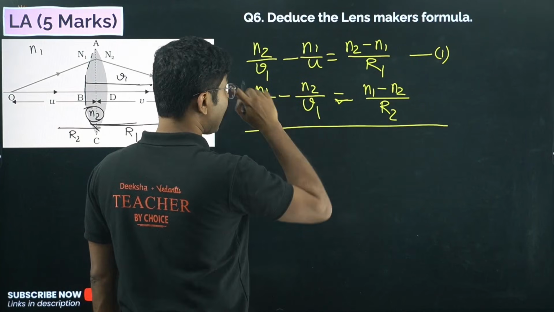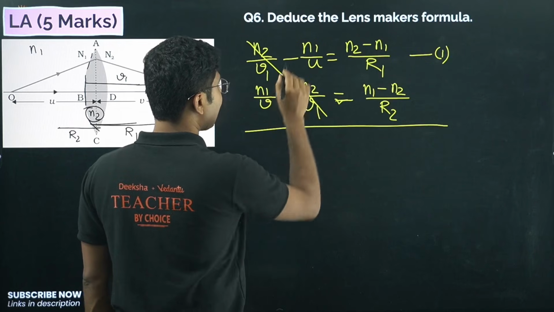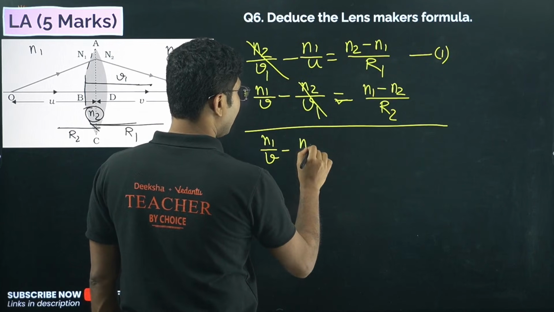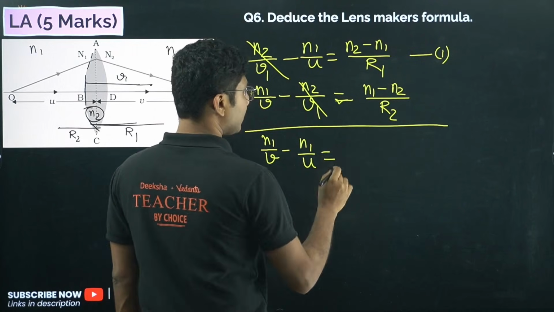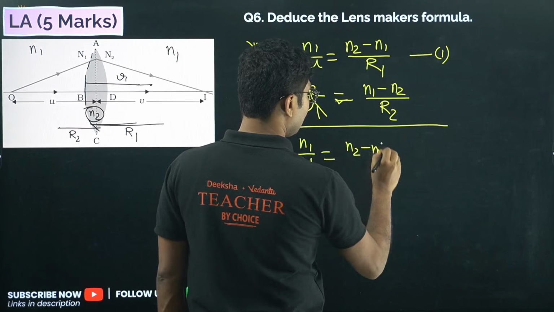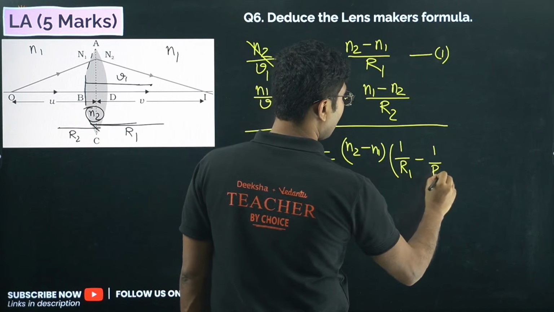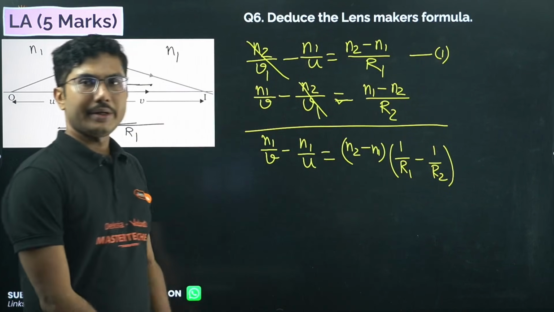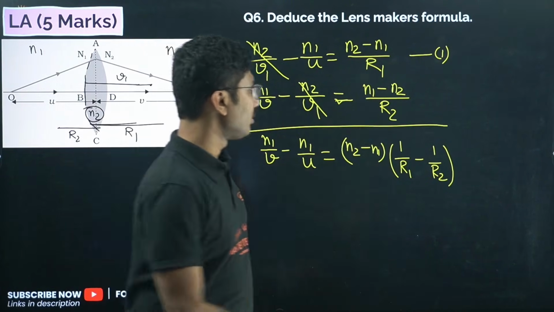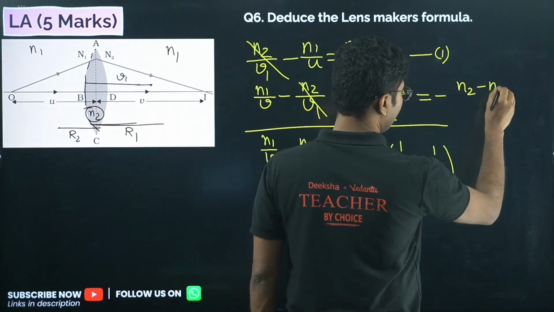N2 by V1 cancels, and we get N1 upon V minus N1 upon U equals to N2 minus N1 times (1 upon R1 minus 1 upon R2). Okay, so this is the formula. We have taken the minus sign common, or you can also write it as minus (N2 minus N1).